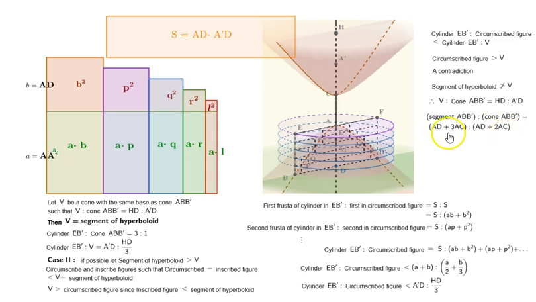So we have finally shown that segment of the hyperboloid ABB prime is to cone ABB prime is equal to the ratio AD plus 3AC is to AD plus 2AC. So that was proposition number 25 and 26 of the works of Archimedes, specifically from On Conoids and Spheroids.